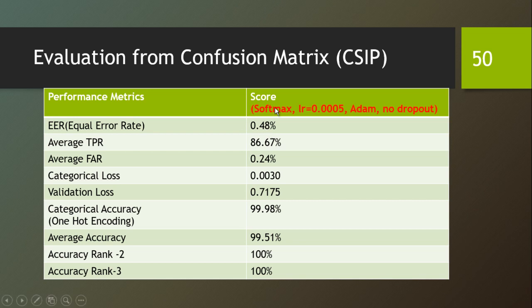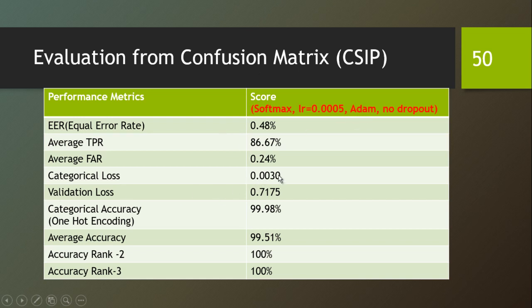The equal error rate I got was 0.48 using softmax, and the learning rate was kept at 0.005. Adam was used for parameter tuning, no dropout was used, and softmax was also used.